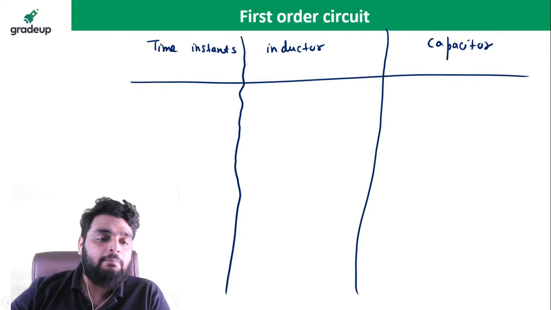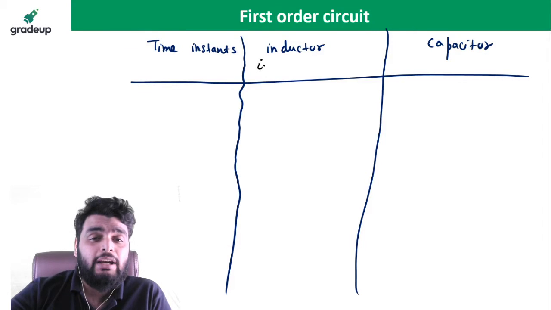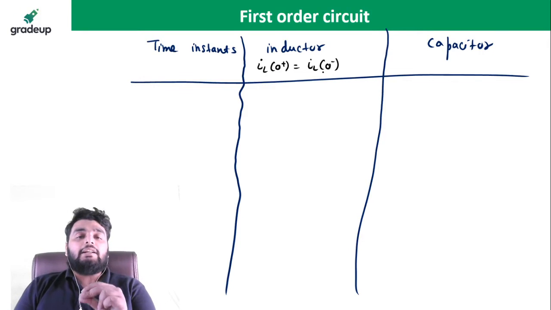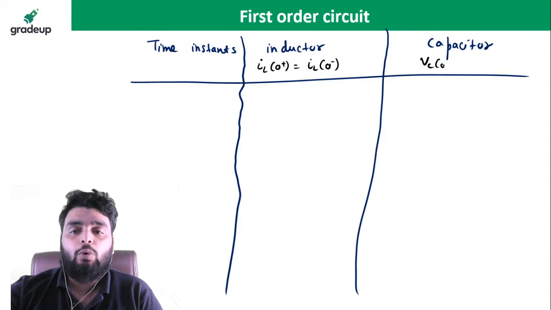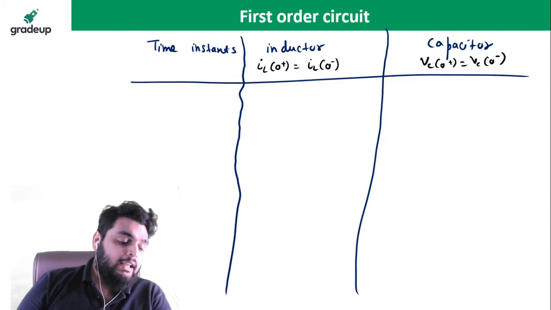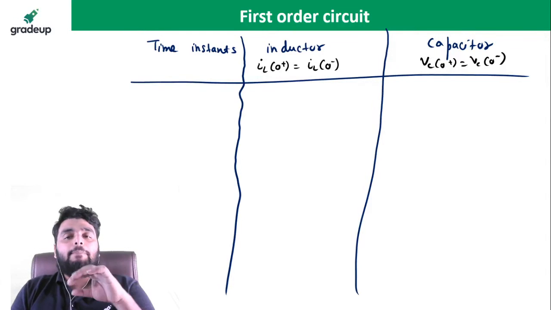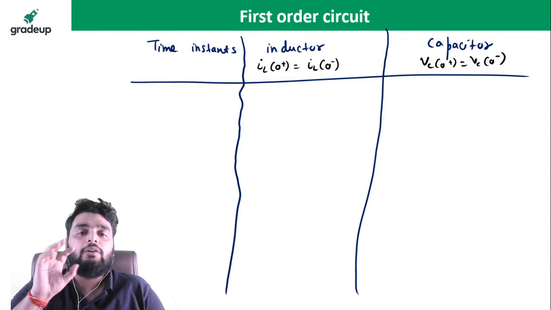The first and most important property of an inductor is that through an inductor, current cannot change instantaneously. Remember this point. Through an inductor, current does not change instantaneously, and across a capacitor, voltage does not change instantaneously. What does it mean? If 2 ampere current is flowing through an inductor, you cannot suddenly change the current of that inductor.